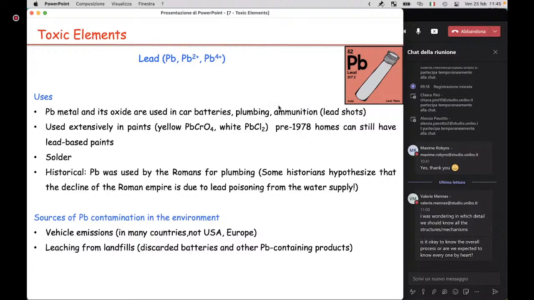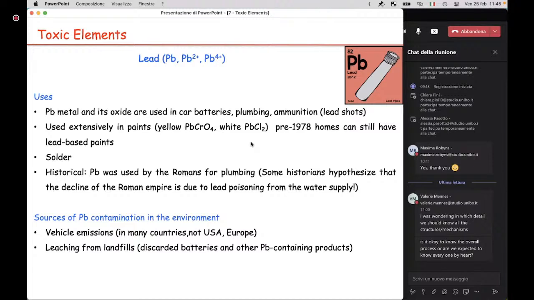But again, old homes, old buildings can still have some paint containing lead, and many times it can have been painted upon with other kinds of paints, but under the external layers of new paint, you can find lead paint.